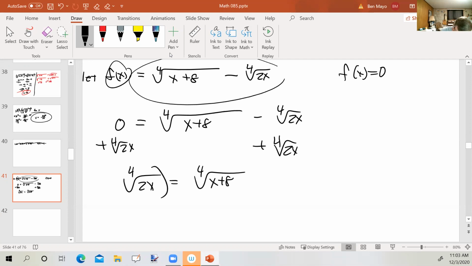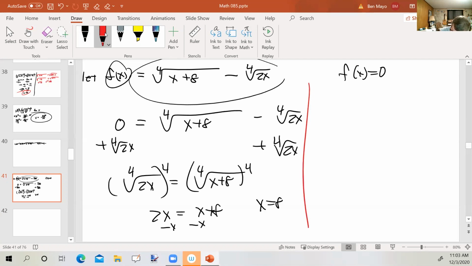I'm going to take each side and raise it to the fourth power. So 2x equals x plus 8. Subtract x, x equals 8. Let's check our work. 0 equals the fourth root of 8 plus 8 minus the fourth root of 2 times 8.